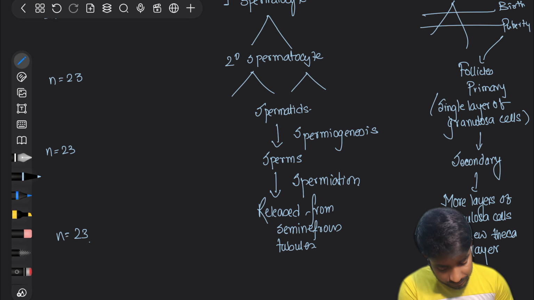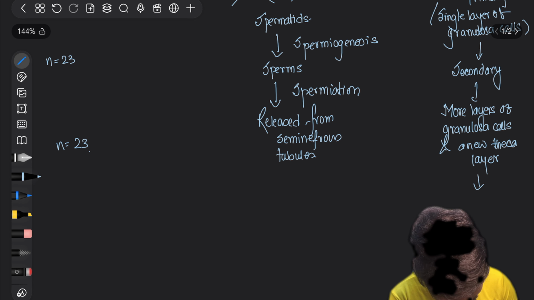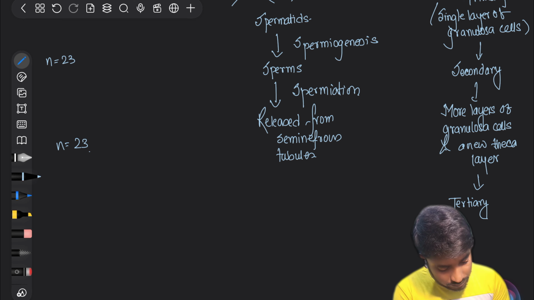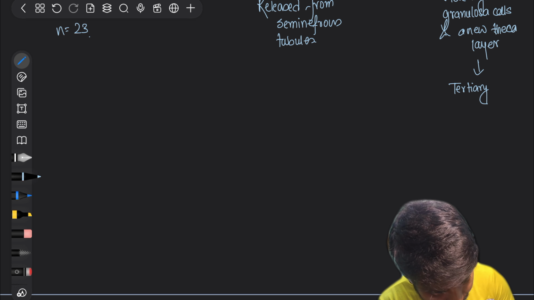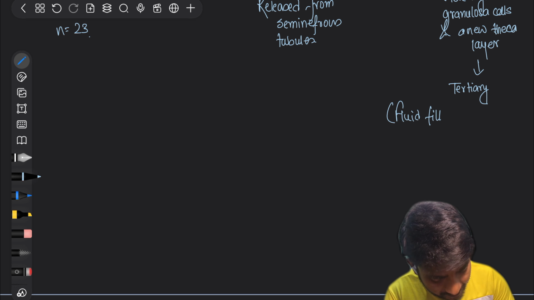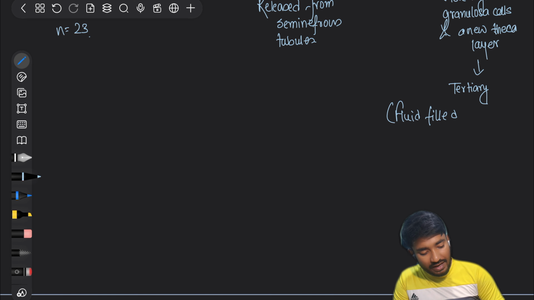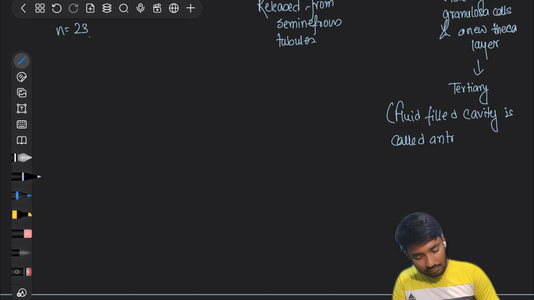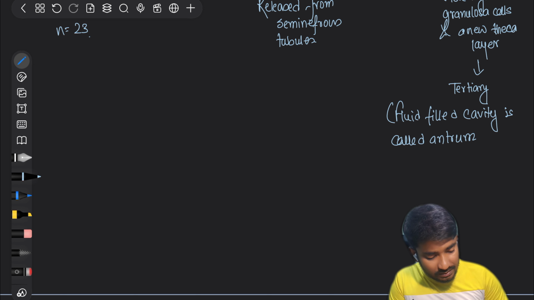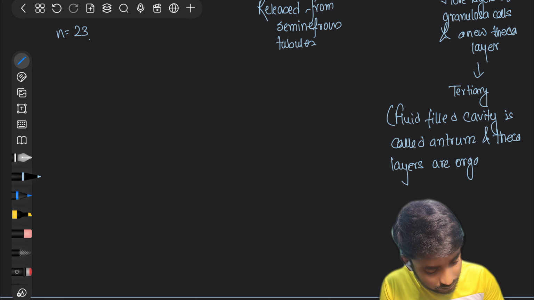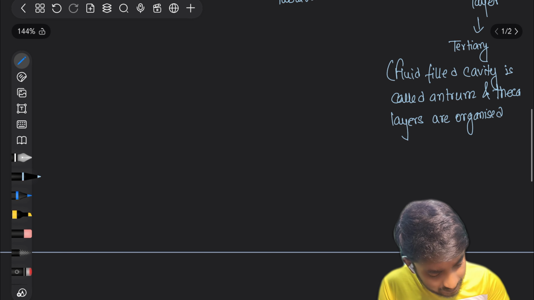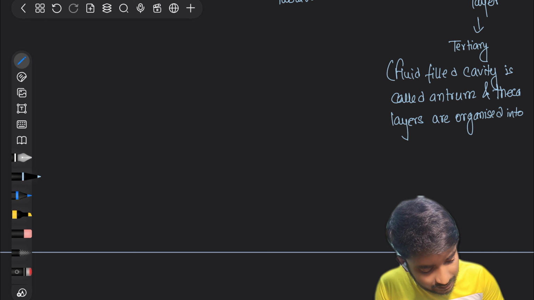Now after that what happens? Tertiary. In the tertiary follicle, a fluid filled cavity called the antrum forms, and the thicker layers are organized into external and internal layers.